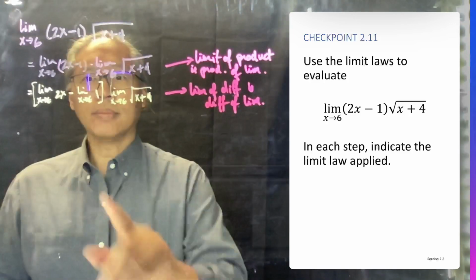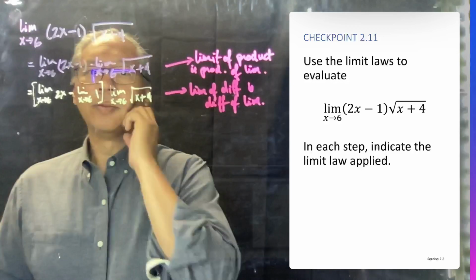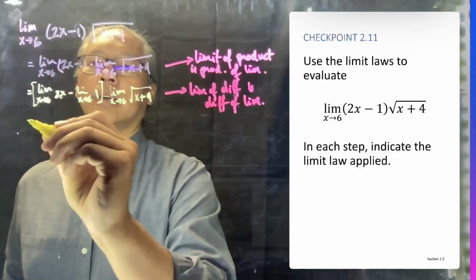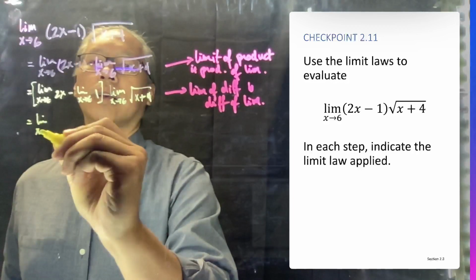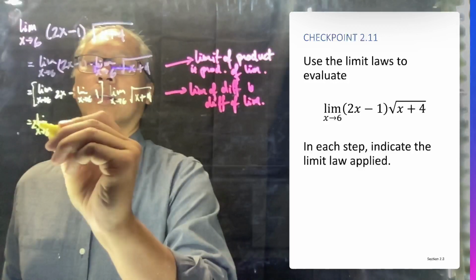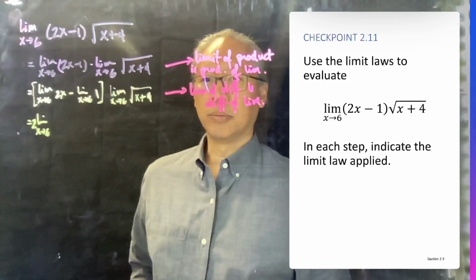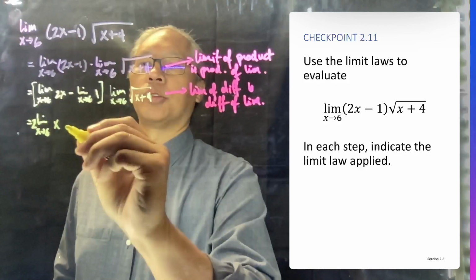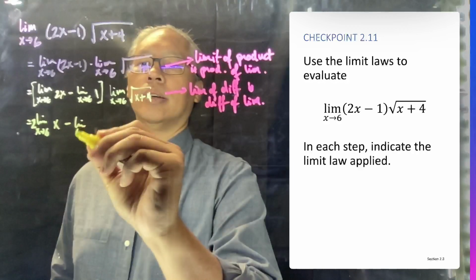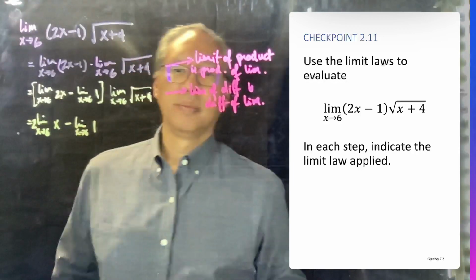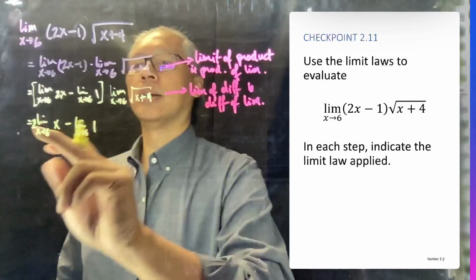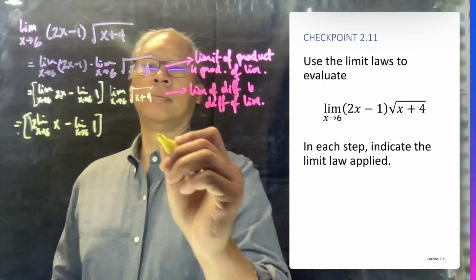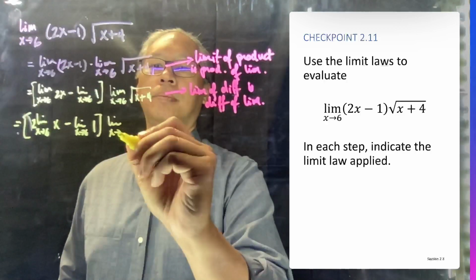So now we can deal with this. Let's deal with this first. Let's say limit as x approaches 6 of, let's put the 2 out because it's a constant, and we just have limit as x approaches 6 of x minus limit as x approaches 6 of 1. Okay. And then this one stays the same.